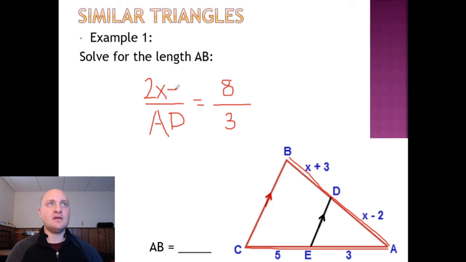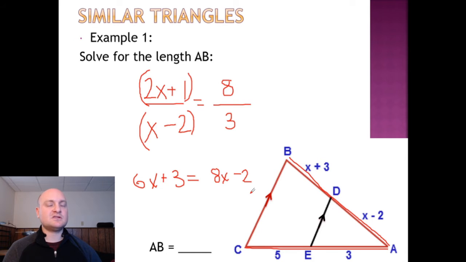Then AD will be just the x minus 2 here. So after cross multiplying, I end up with 6x plus 3 and 8x minus, well, that's not 2. There's a mistake here. I need to fix this 2 since it's going to multiply by the 8. It should actually be 16. There, now I fixed it.